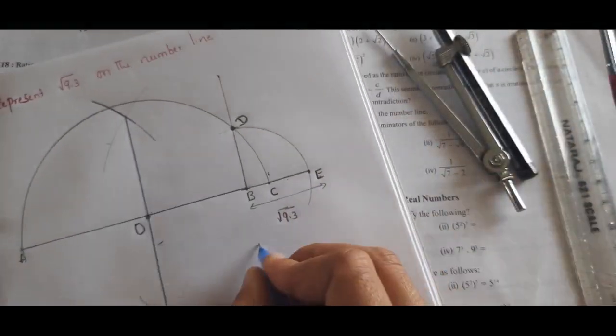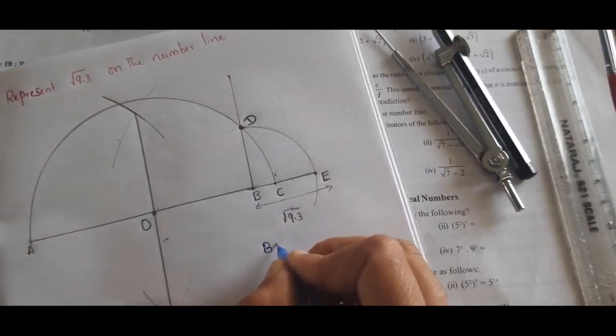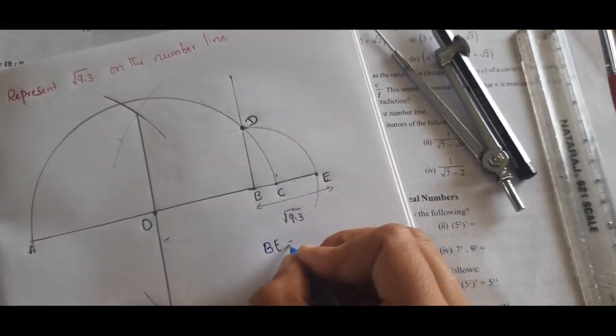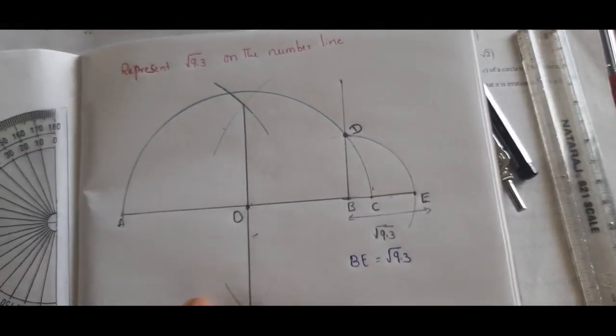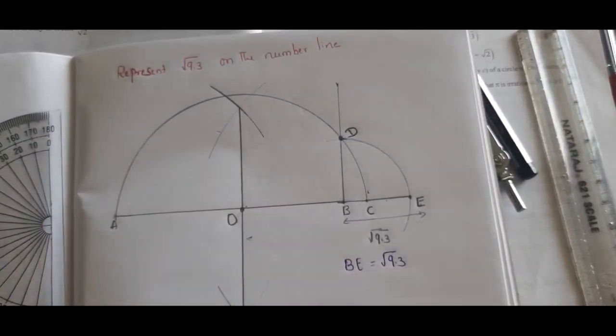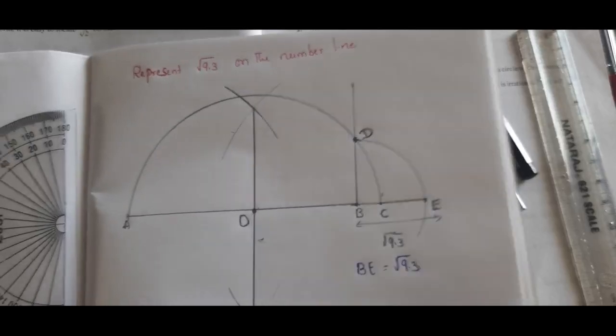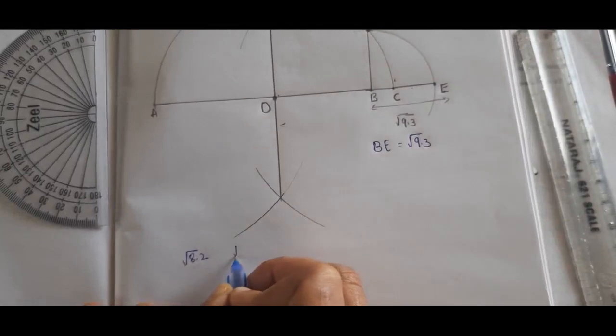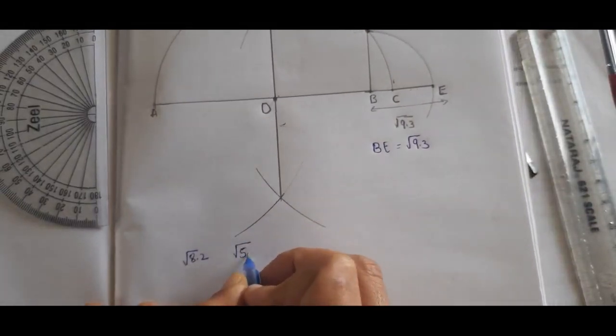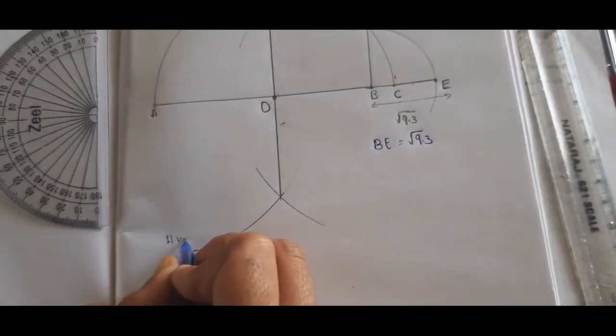And this is a representation of root 9.3. These are the steps we follow to represent root 9.3. Take 8.2 and 5.6 as homework.